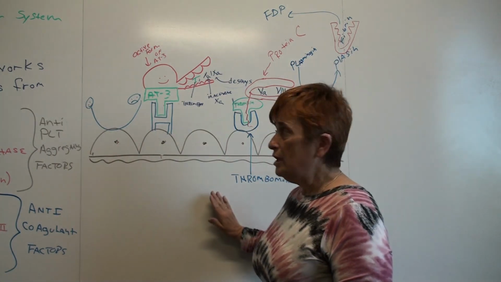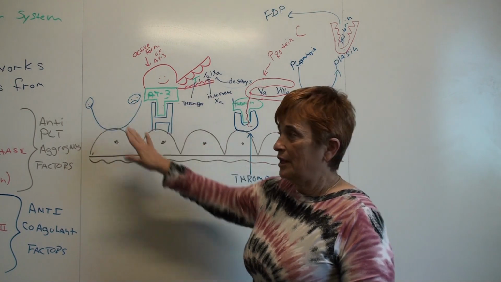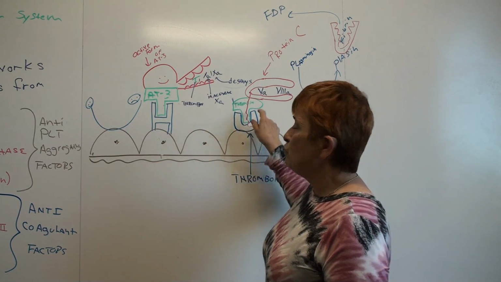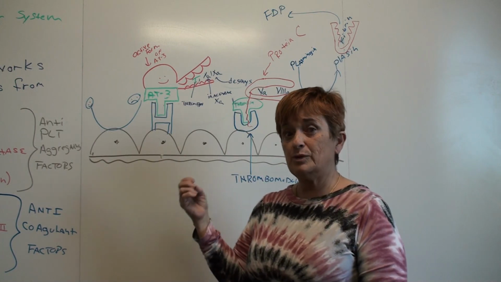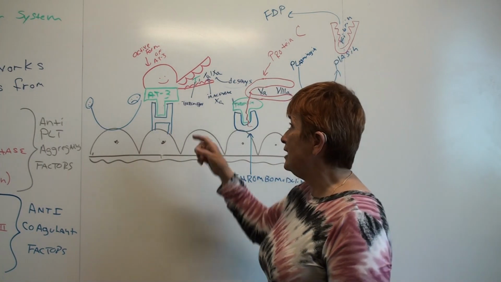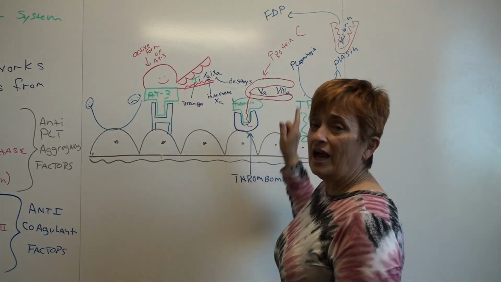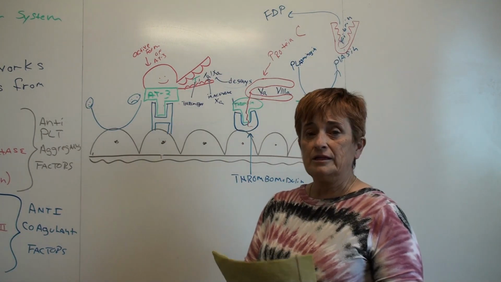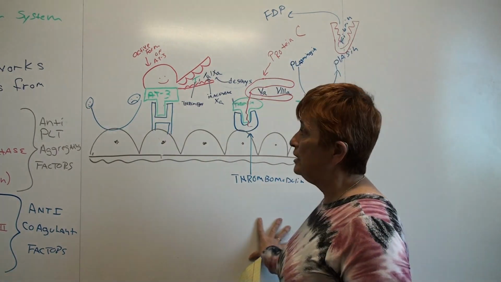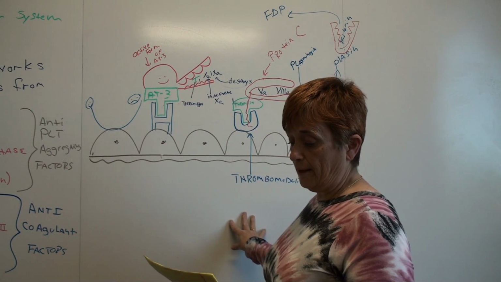Healthy tissue is antiplatelet, antithrombin, and anticoagulant, specifically against coagulants 10A, 9A, 5A, and 8A. That's what the healthy endothelium does, and it's really important for you to know that.